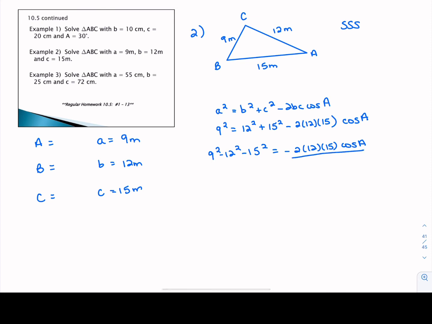Divide both sides by negative 2 times 12 times 15 in order to isolate for that cosine of A.